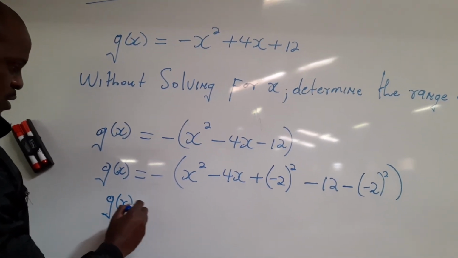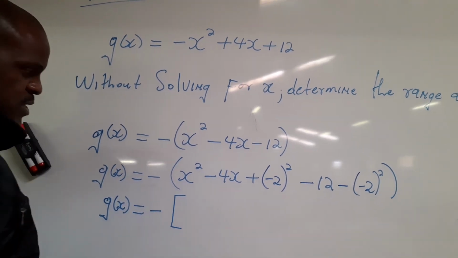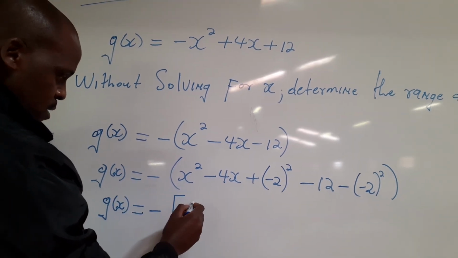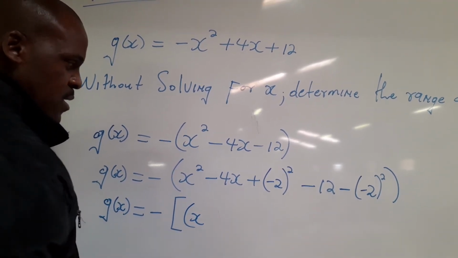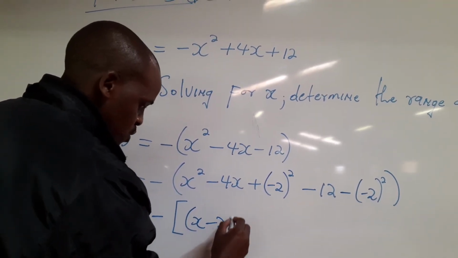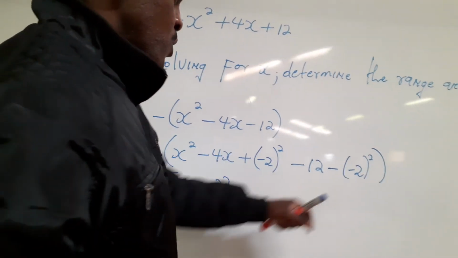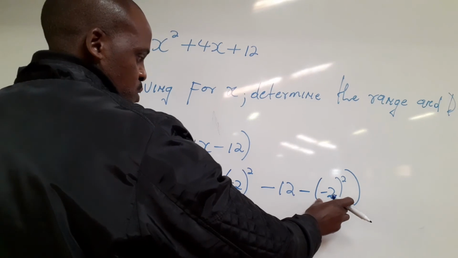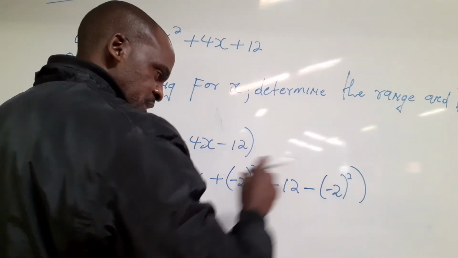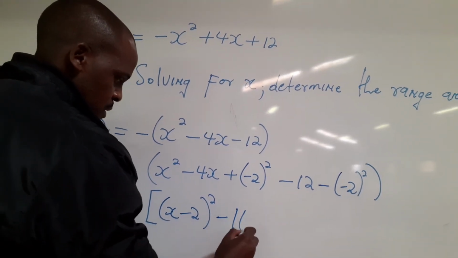g of x will be equal to negative, let's put the square bracket. Now we are to factorize here. It's x, and then we take that as it is, minus 2, all squared. Let's come to this one. Negative 2 squared is 4, which means we are going to have minus 12 minus 4. That would give us minus 16.